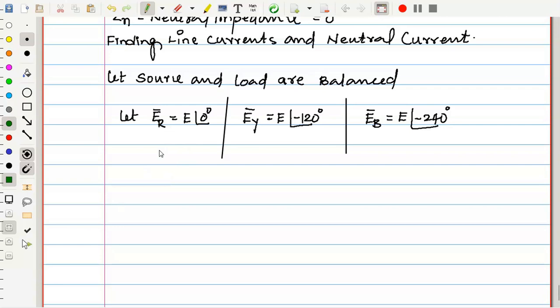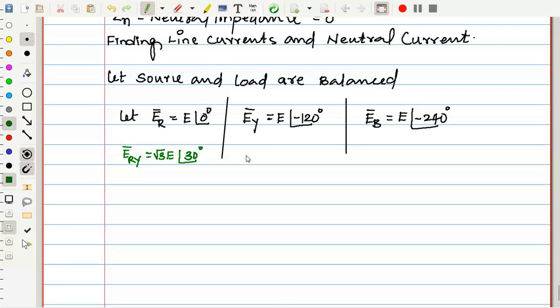Here the line voltages are not required, but I am writing them for your practice, like Ery is equal to root 3 E at an angle of 30 degrees.